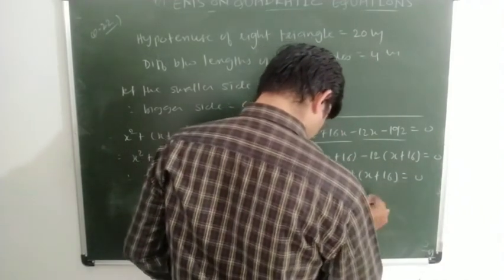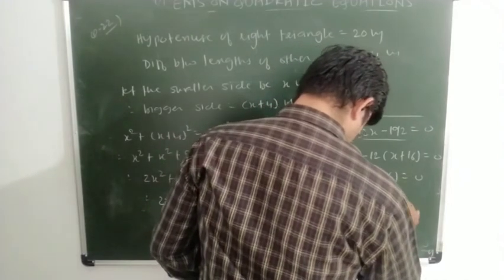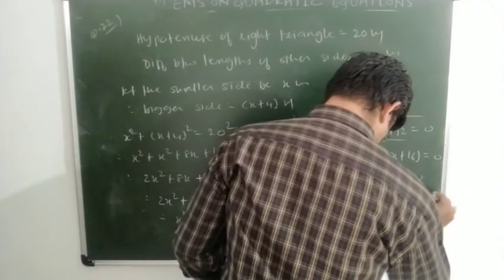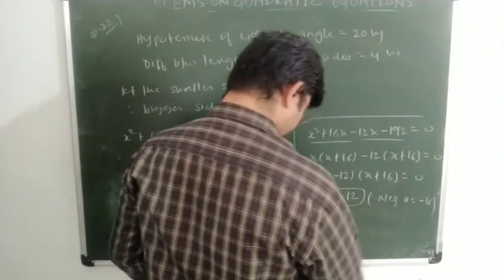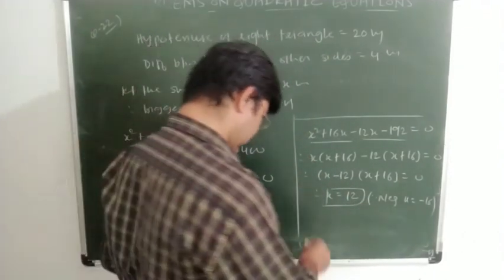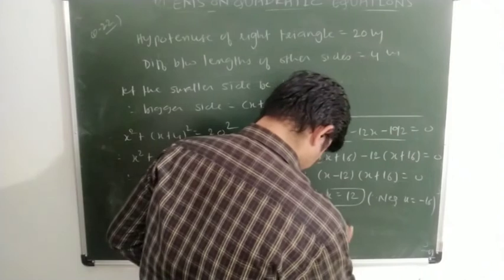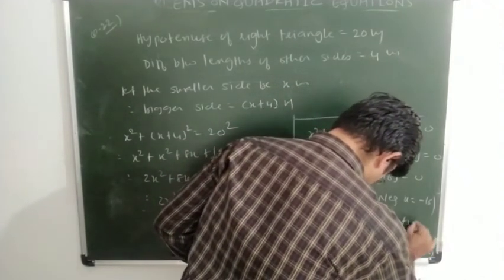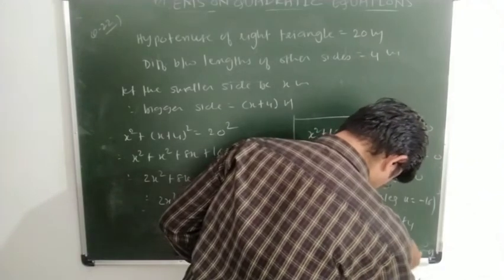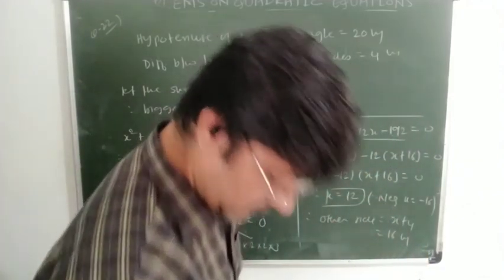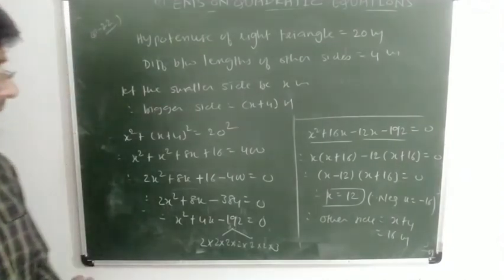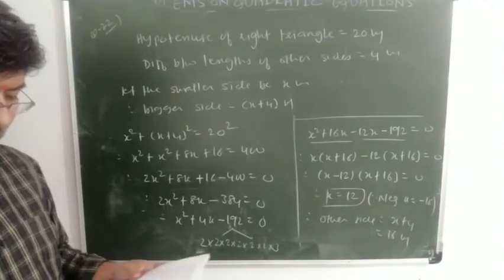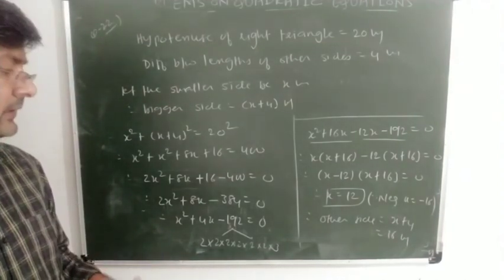Therefore x is equal to 12, neglecting x is equal to minus 16. And therefore the other side is x plus 4, 12 plus 4, 16 meter, and therefore the two sides are 12 meter and 16 meter, and the third side is already given. Clear?